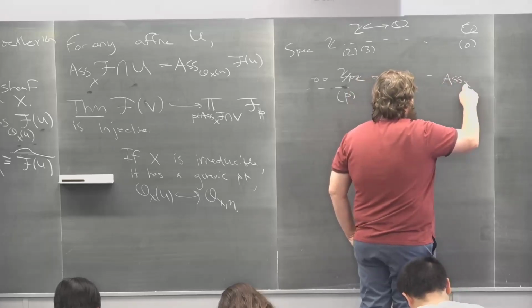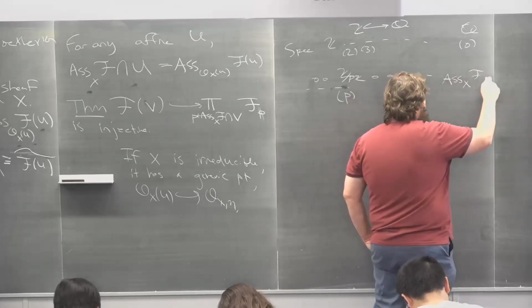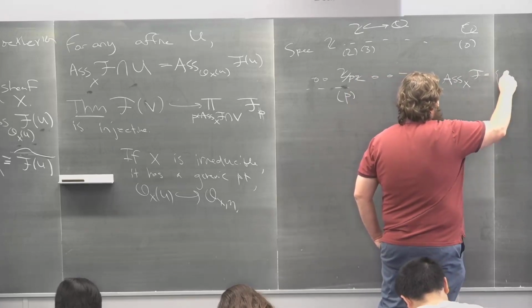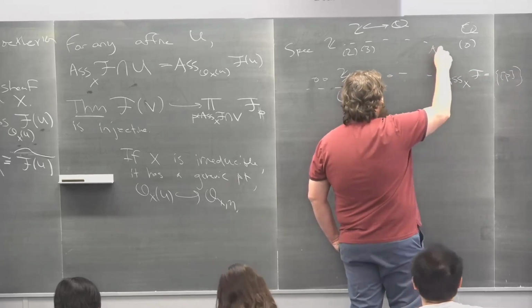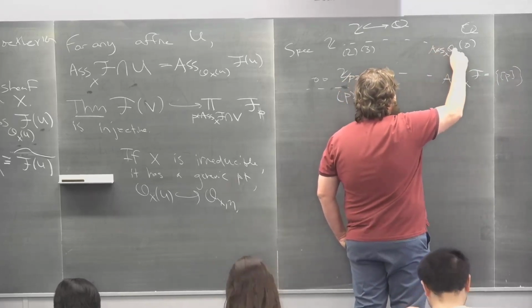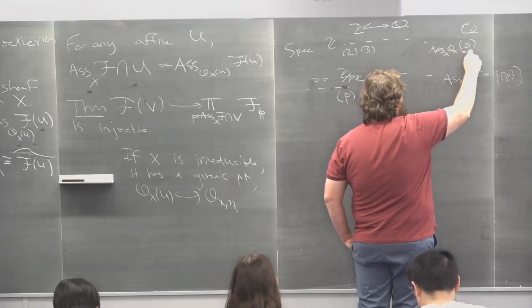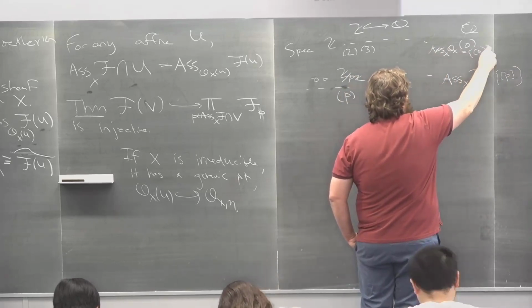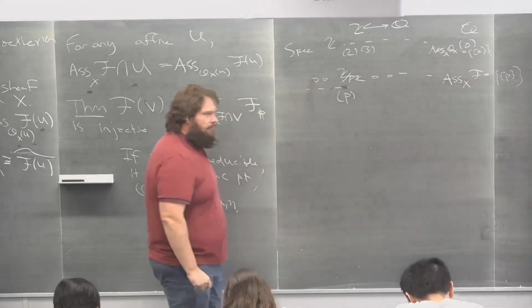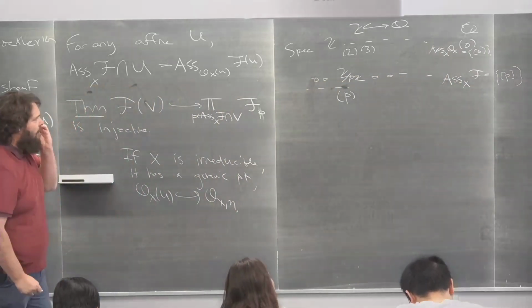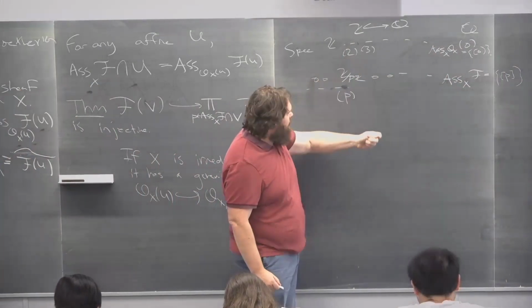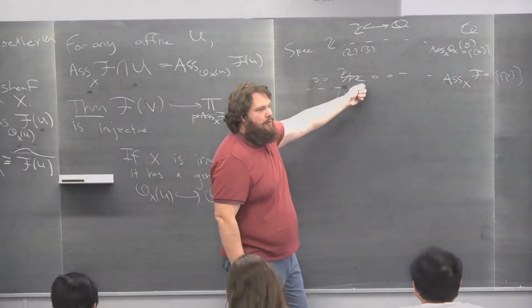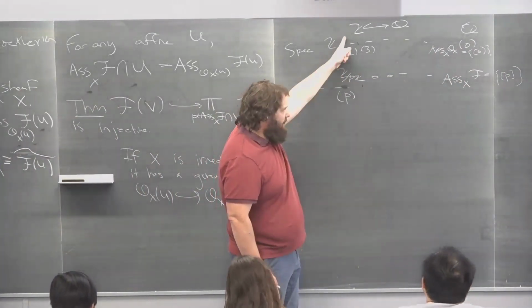If I take the associated primes to this sheaf, I get exactly the point p. Whereas here, if I took the associated primes of O_X, I would get 0. Because the annihilator of any non-zero element of Z is 0.